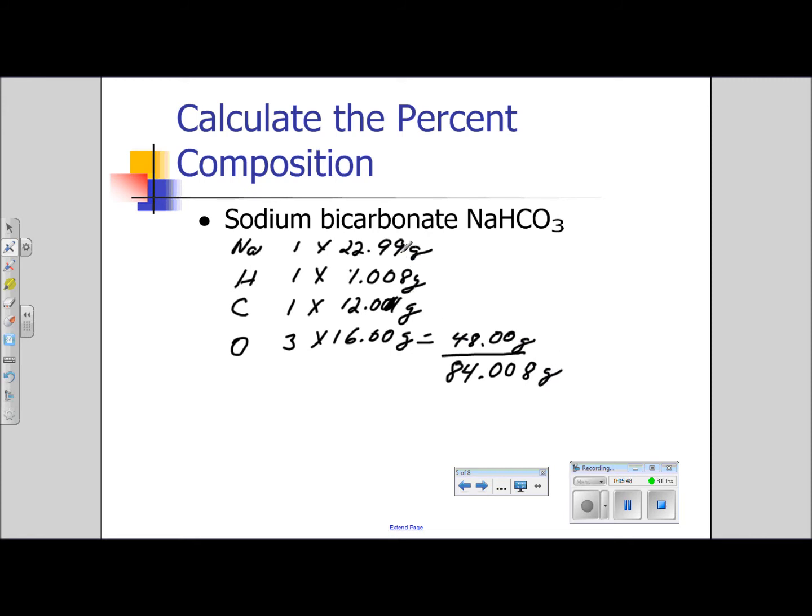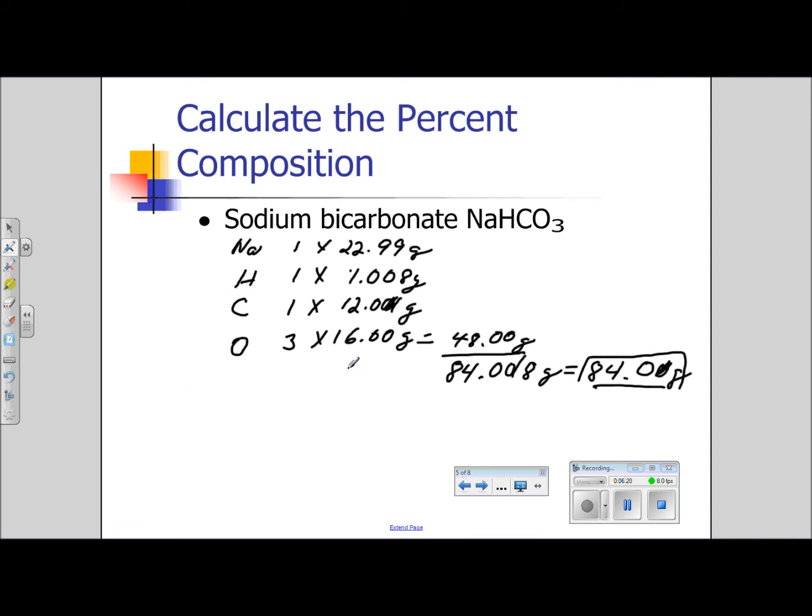And of course, I'm going to cut it off right here, and that's going to be equivalent to 84.01, to 2 decimal places. All right, so this is grams, and that's my molar mass.